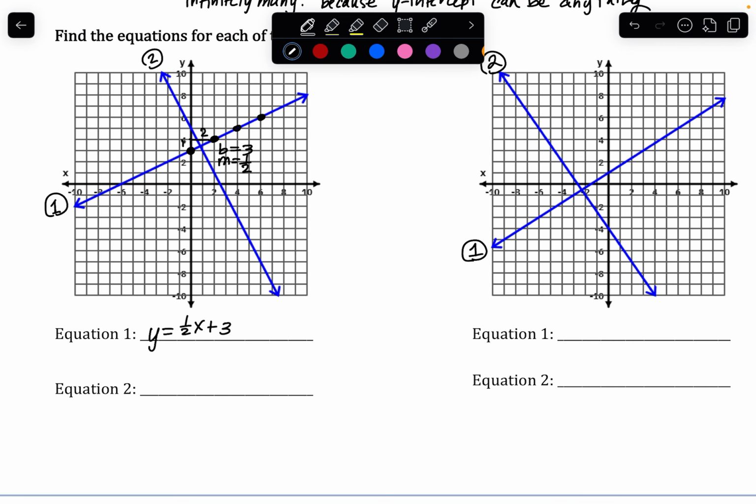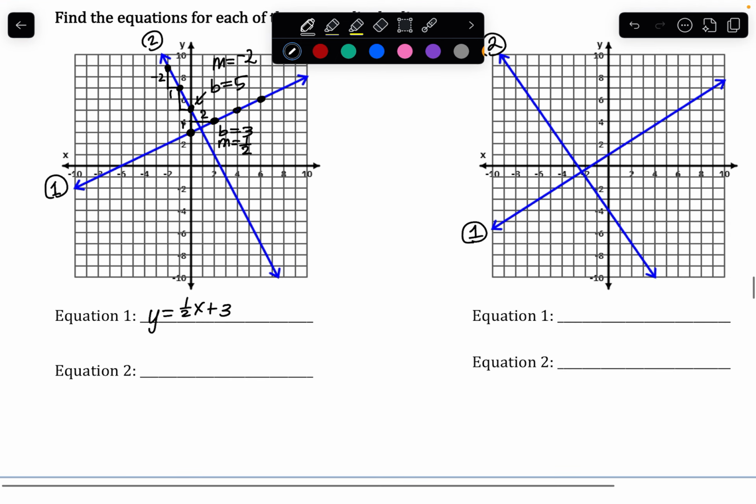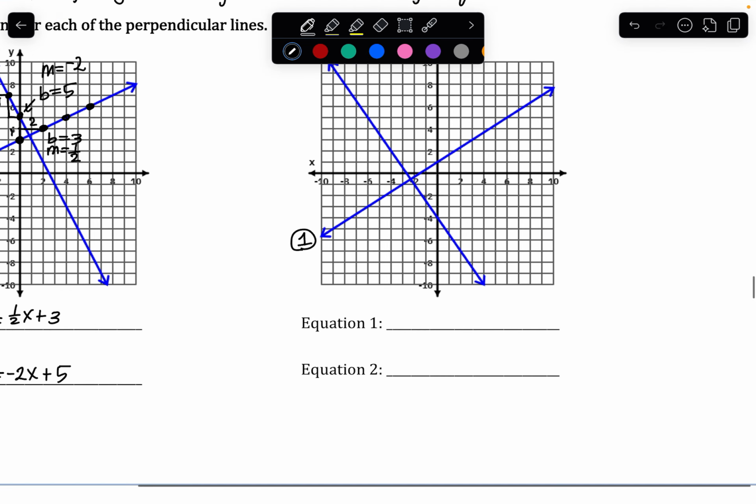Equation 2, the y-intercept is 5. To pick some other good points, it looks like we're going down 2, right 1. So the slope is -2 over 1, and we just write the -2. So y equals -2x plus 5.